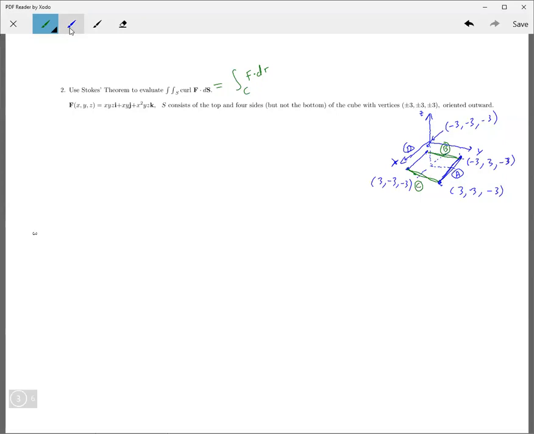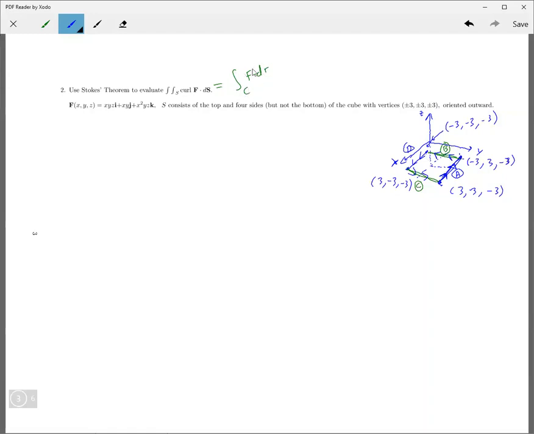So you're looking at this orientation going counterclockwise around the bottom of the box, which is the lid of the box, the top of the box, which is in the box upside down.